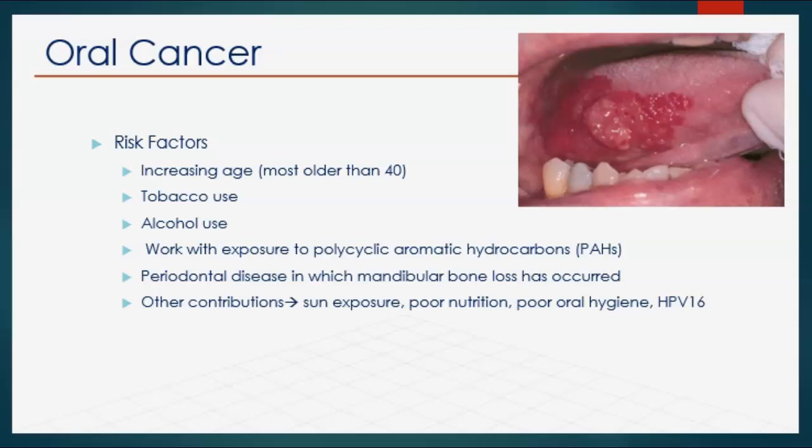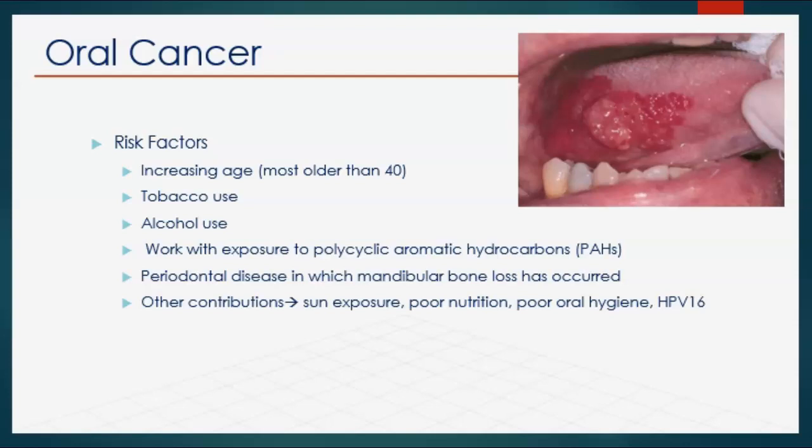Periodontal disease is another risk factor. So when people get periodontal disease, a lot of times they lose their bone, their jaw bone tissue, and that predisposes them to this oral cancer.